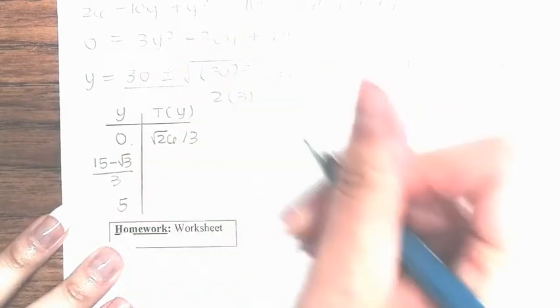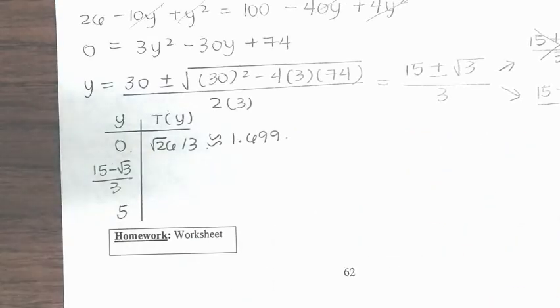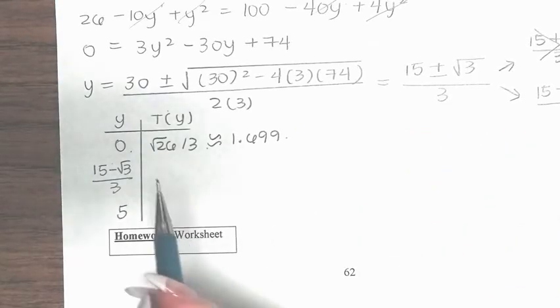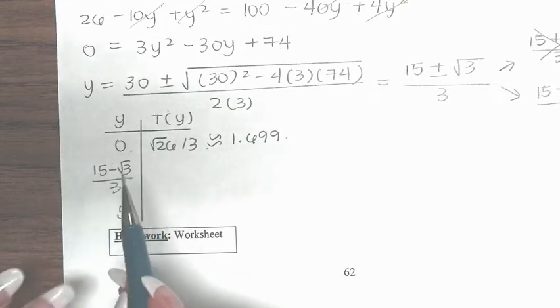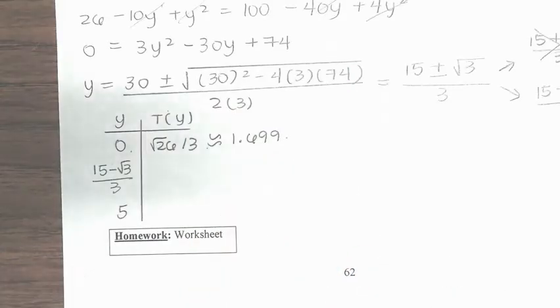Which is horrible. If you want to approximate that, by the way, that's going to be roughly 1.699, which is an ugly number. So at this point, I'm going to plug this one into my equation in the calculator.